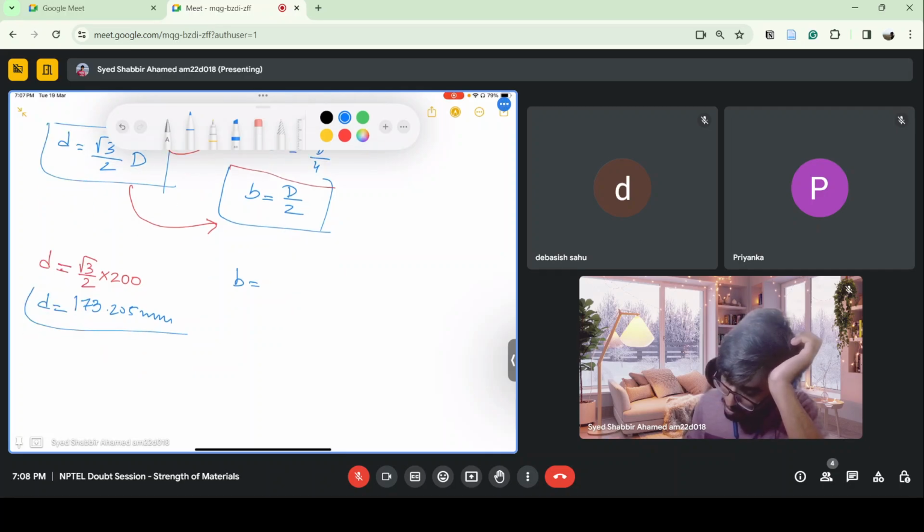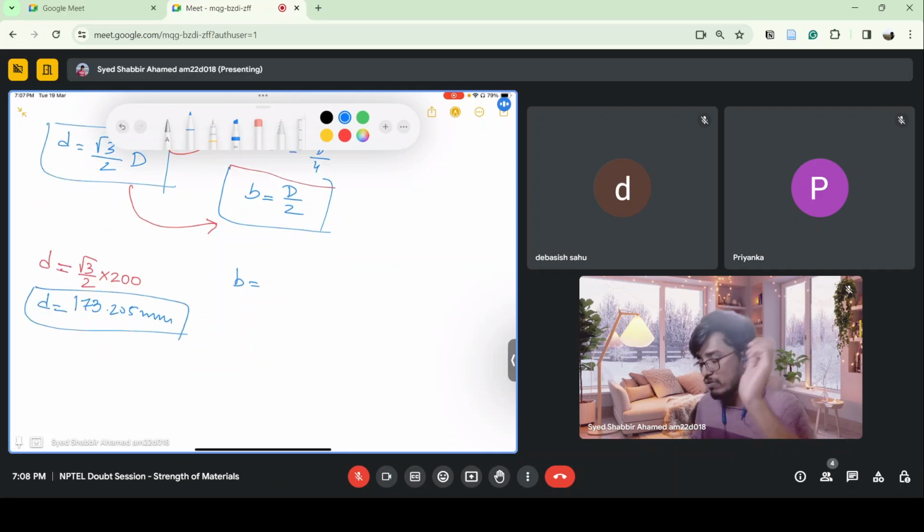We cannot properly cut to some 0.25 something like that, so we can nearly say 173 or 175. And b is equal to 100 mm.